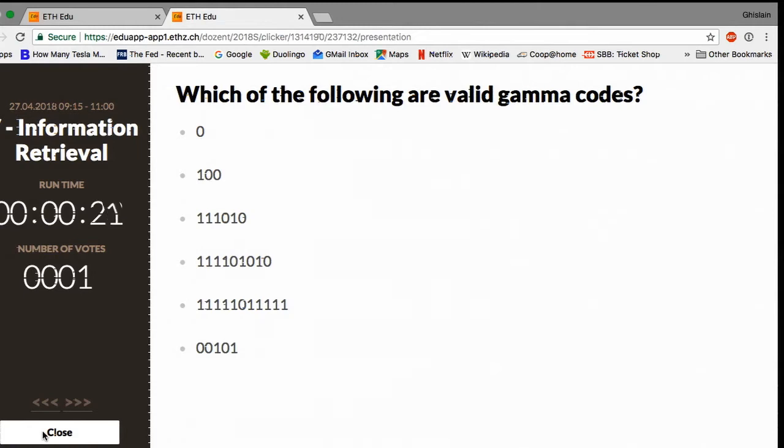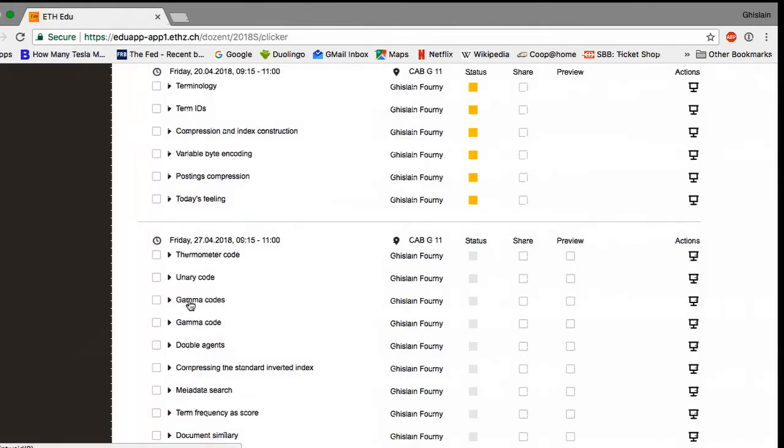Yes? You cannot select multiple. Oh, you cannot? Oh, sorry about that. Maybe I can close it again. I will just take 1 minute in order to do that. So can I maybe close and reset? Reset, yes.